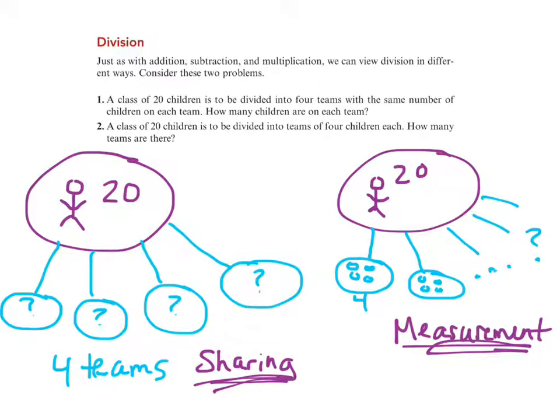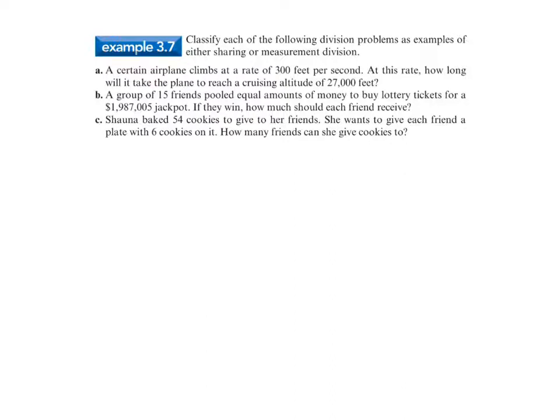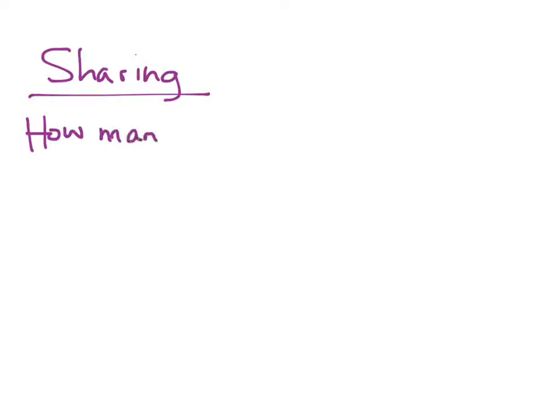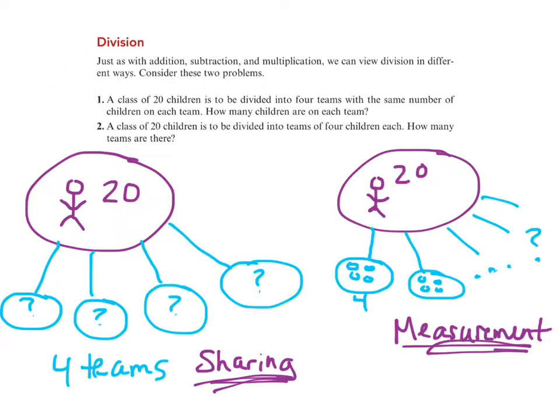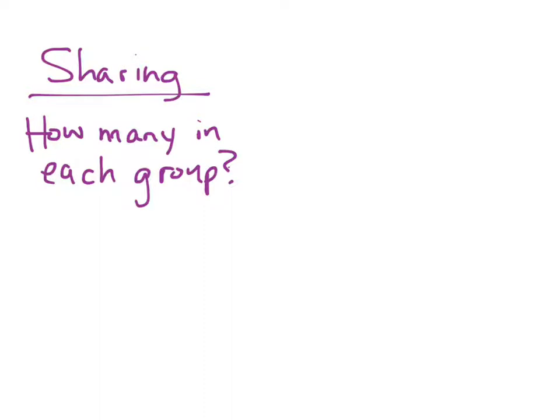Let me see if I can get another page in here. Okay, so in a sharing problem, the question is how many in each group? And it's the groups that are known. So in our previous example, we knew that there were 4 teams, but what we didn't know is how many were in each of those groups or on each of those teams.